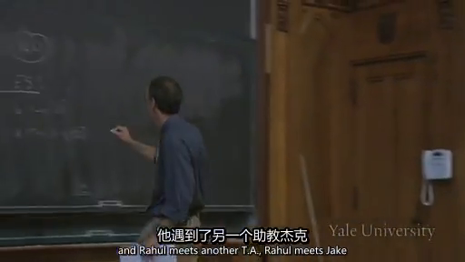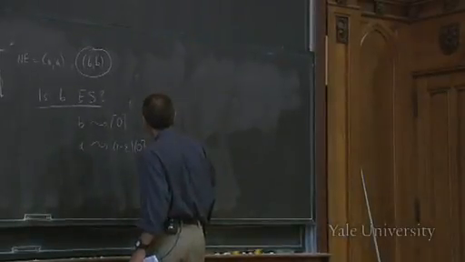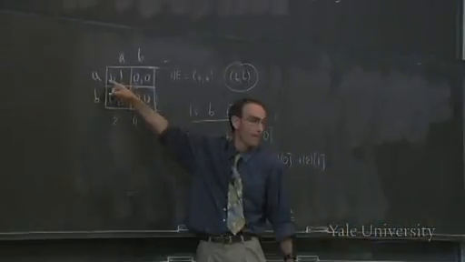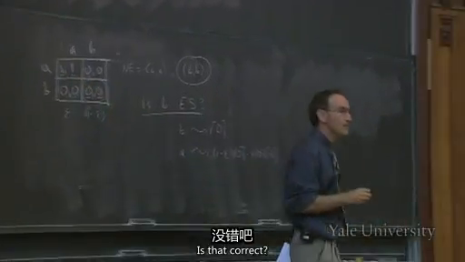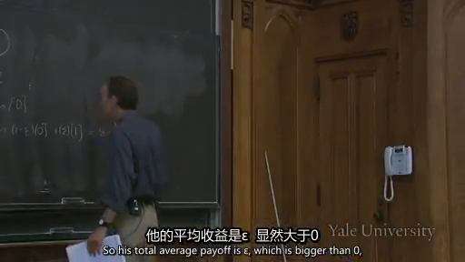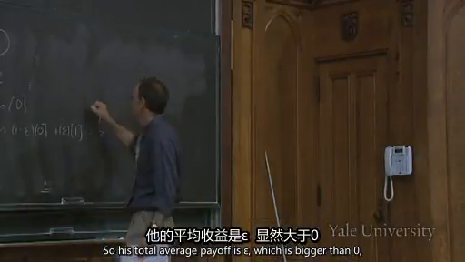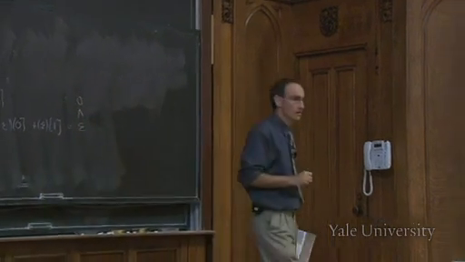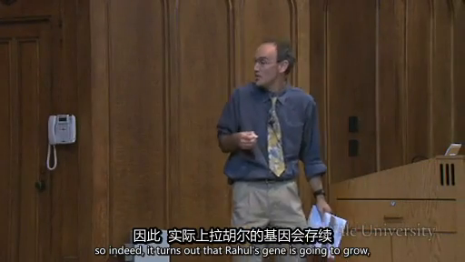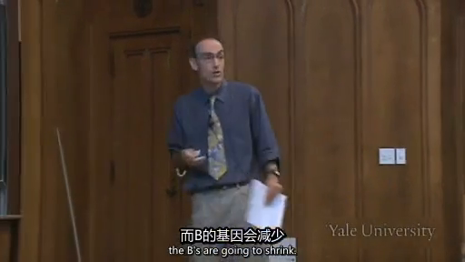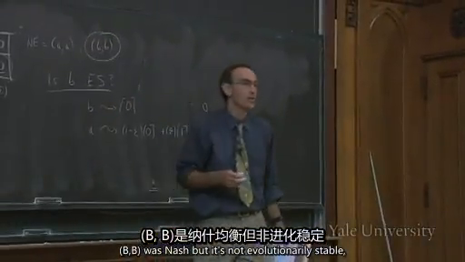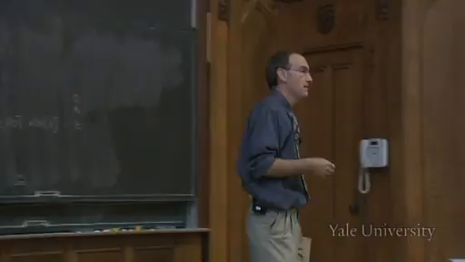Rahul meets Jake, and when he meets Jake, his payoff is 1. Is that correct? So his total average payoff is epsilon, which is bigger than 0. So indeed Rahul's gene is going to grow, and the B's are going to shrink. BB was Nash, but it's not evolutionarily stable. It can be invaded.